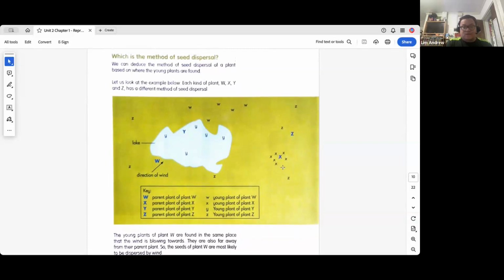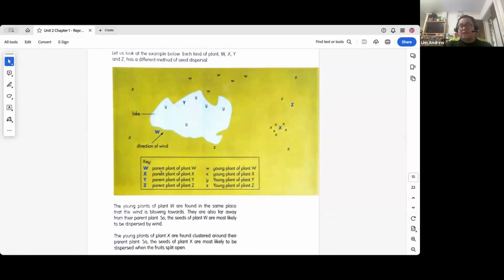From the graph, if you look carefully, the young of X are scattered near the parent plant of X. For Y, they are spread out across the lake. For W, it is all the way to the other direction. For Z, it is all across the whole picture.